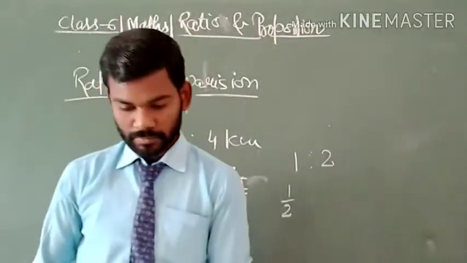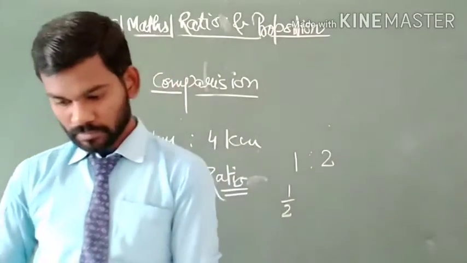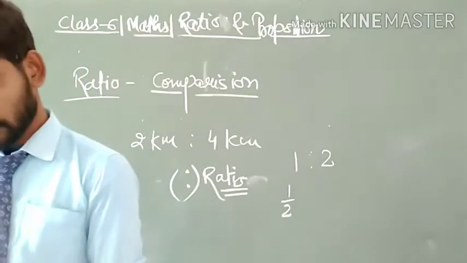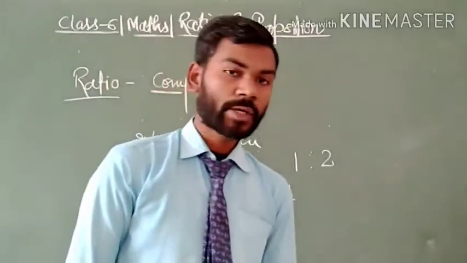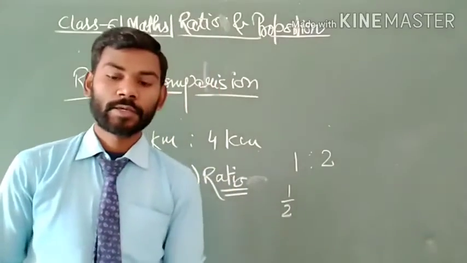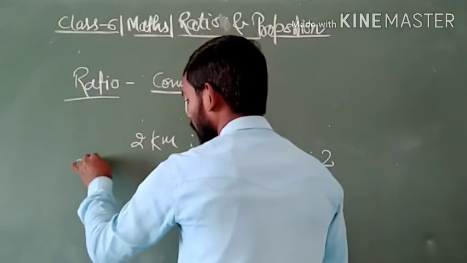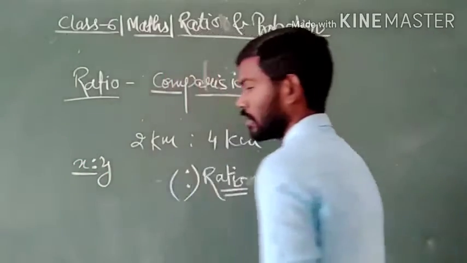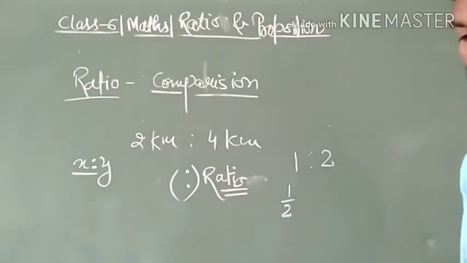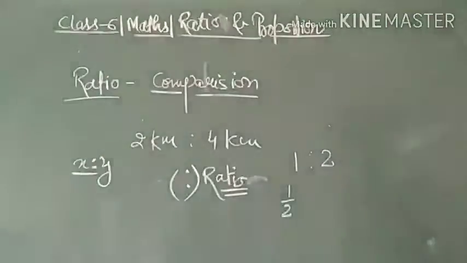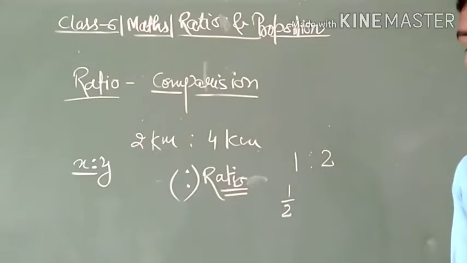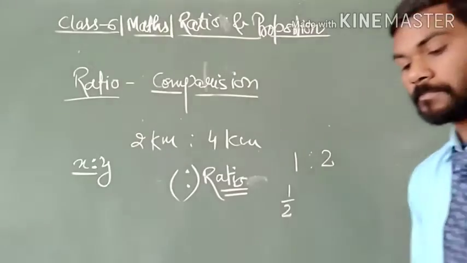Okay, student. So here we define the ratio. We say that the ratio x is to y is a comparison between two quantities, which shows which one is how much greater or less than the other.